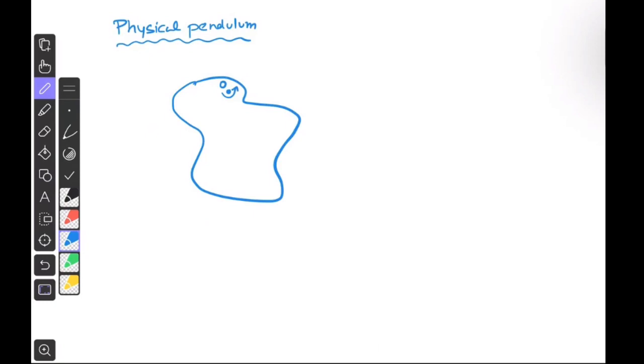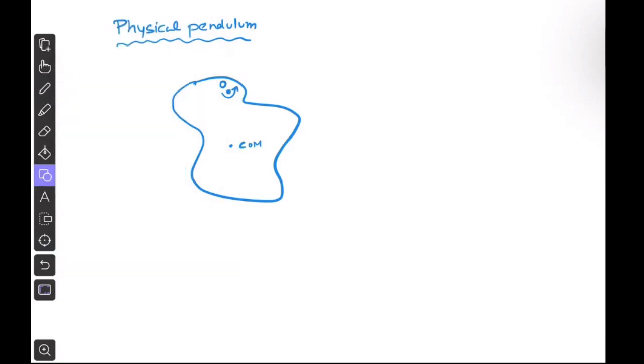Then at the position of equilibrium, what you will find is that the center of mass or the center of gravity is going to lie on the vertical line which is passing through the point of suspension.